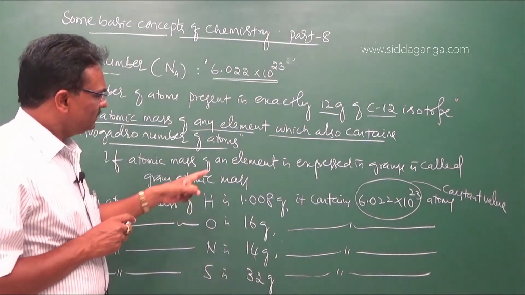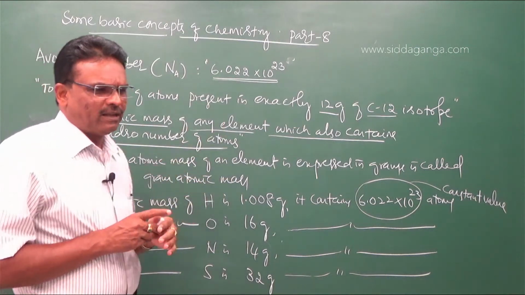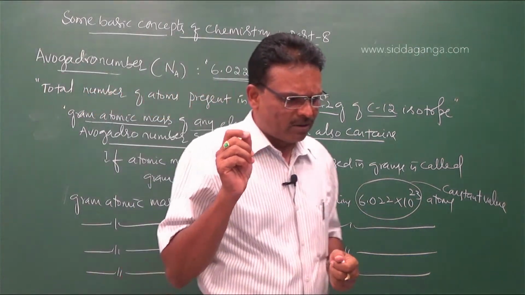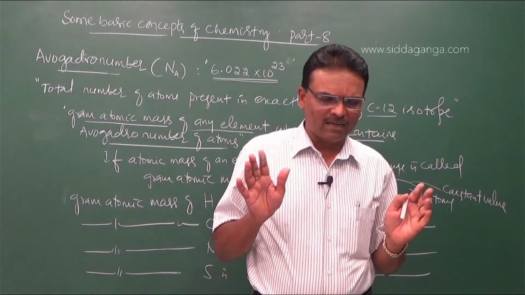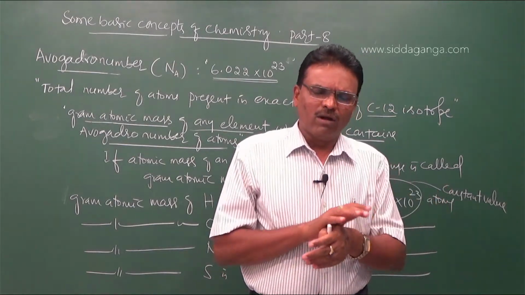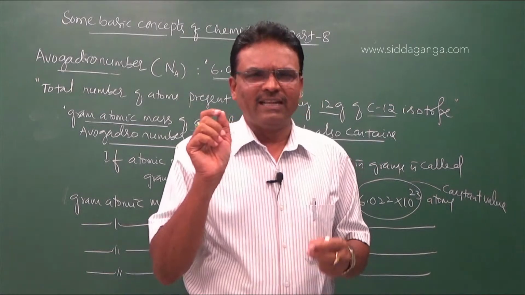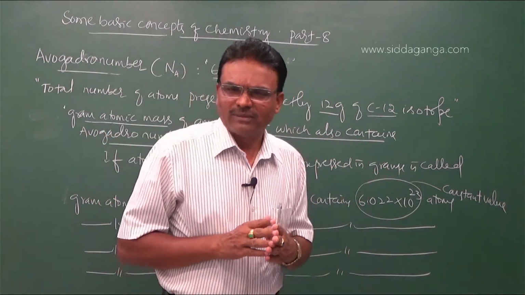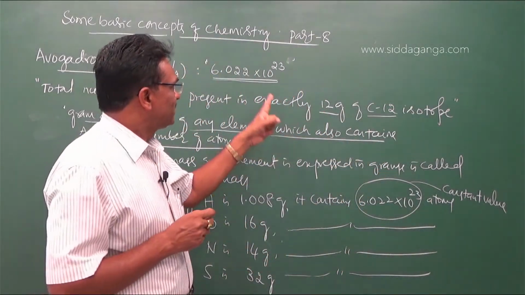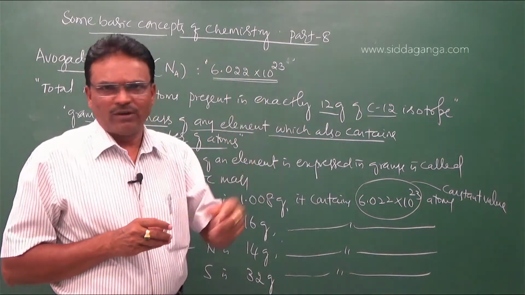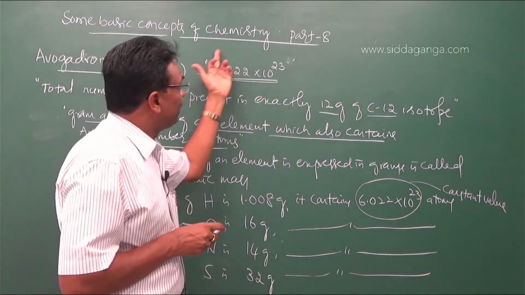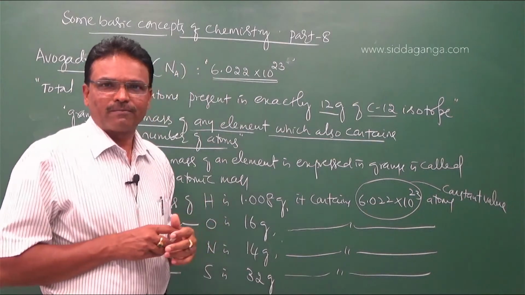So this is the general statement. When asked clearly what is meant by Avogadro number, remember: Avogadro number is a constant value. Its value is 6.022 into 10 power 23. So what is meant by the Avogadro number?